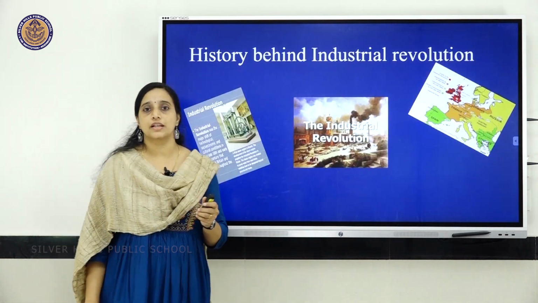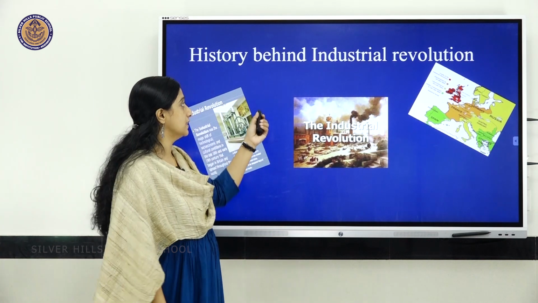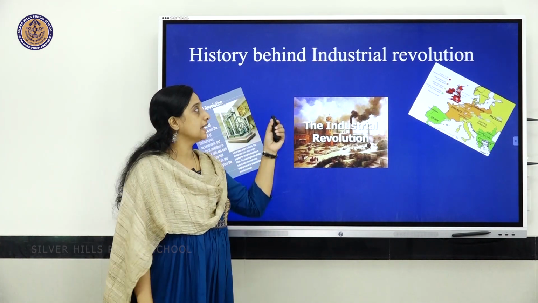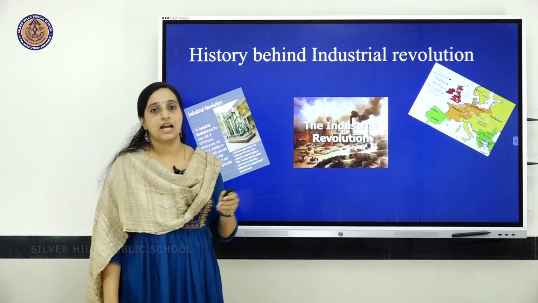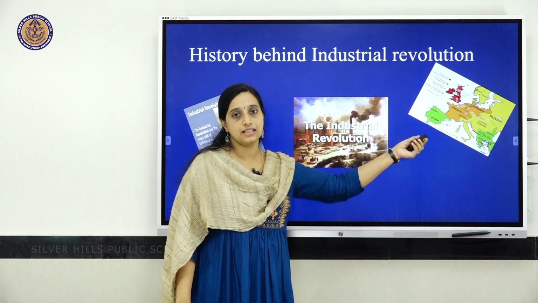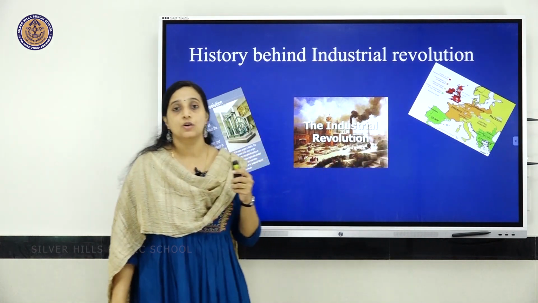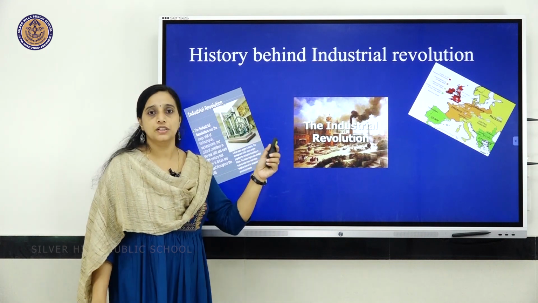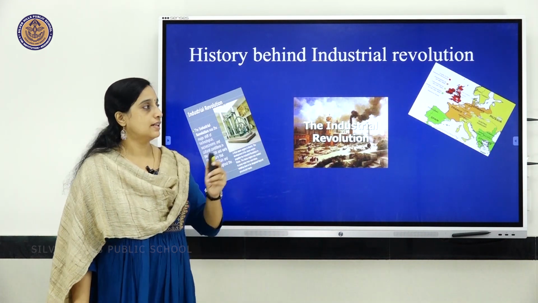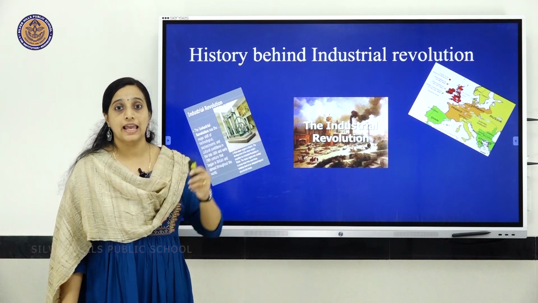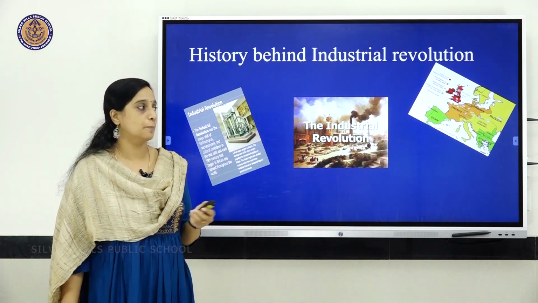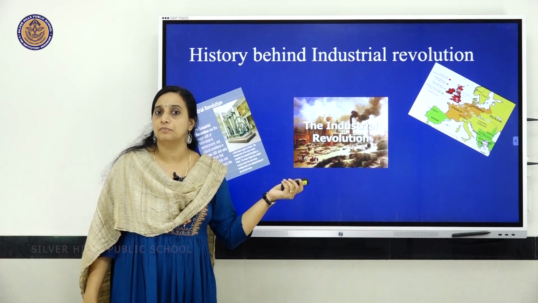Now, let us look into a brief history of the Industrial Revolution. The Industrial Revolution took place in the 18th century in Great Britain, which later spread to the European parts. The later Industrial Revolution helped in the growth and development of many factories and machines.